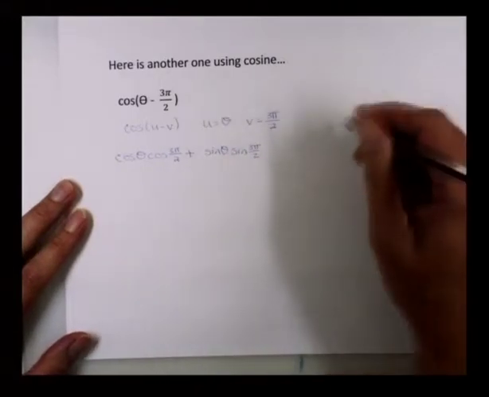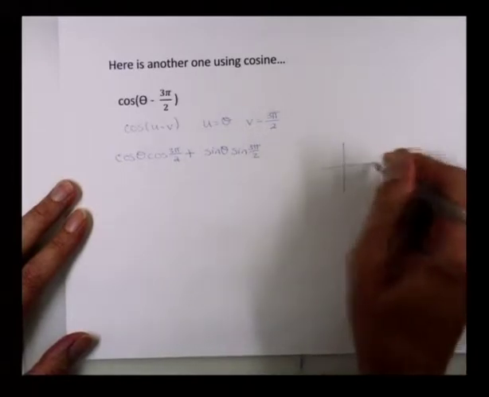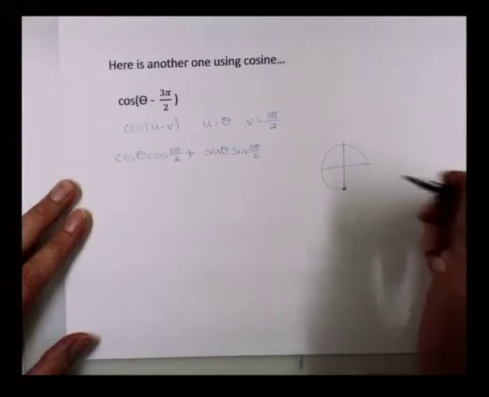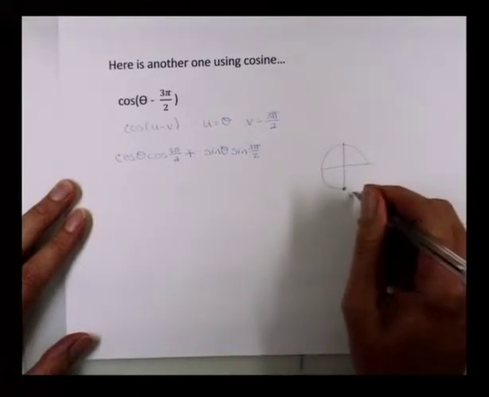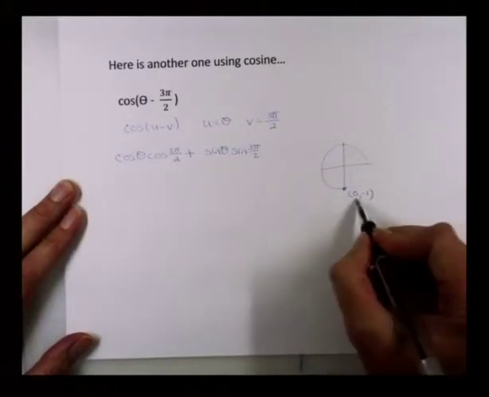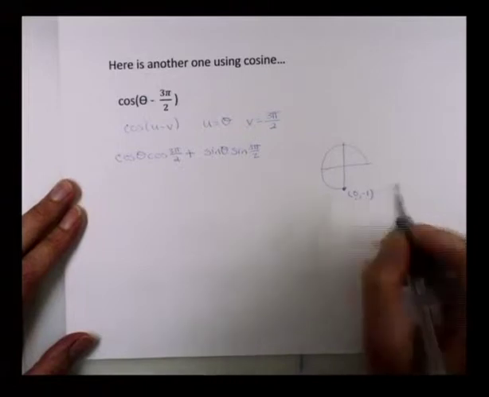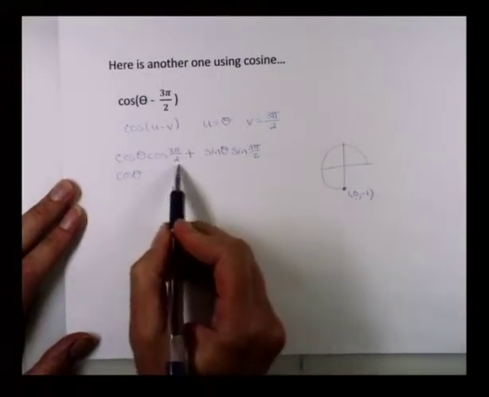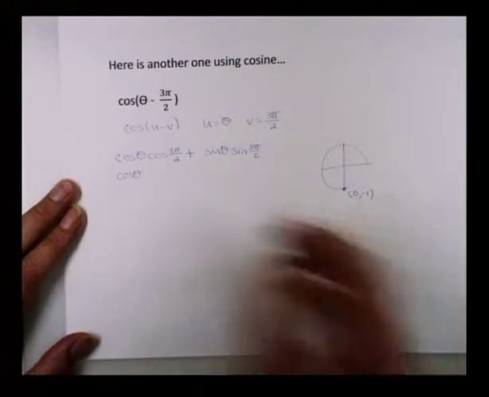So again, if you don't know those values, you can think about the unit circle, and we know that the coordinates for this point are 0, -1. So the cosine value is going to be 0, and the sine value will be -1. So I have cosine theta, and the cosine of 3 pi over 2 is going to be 0.